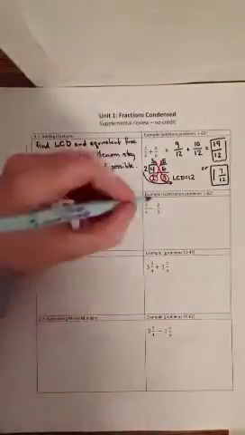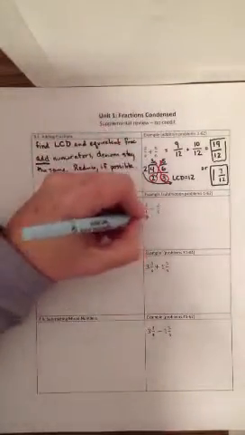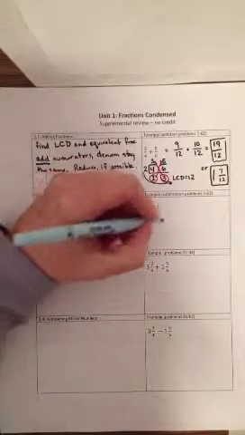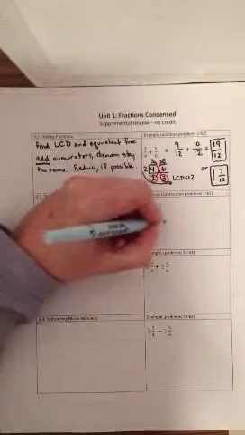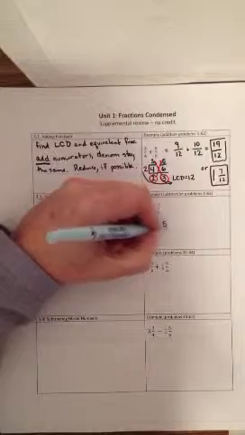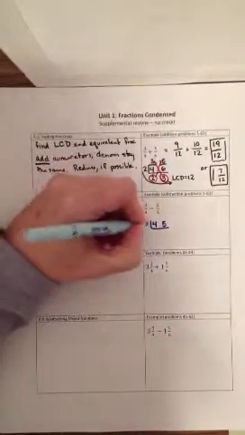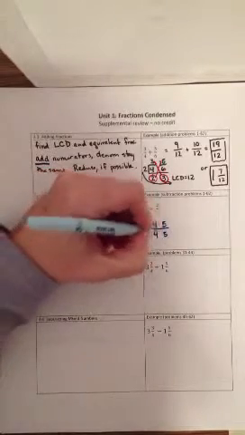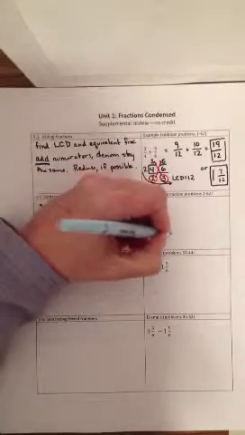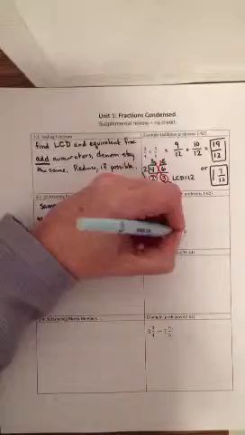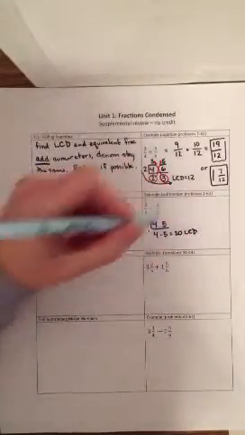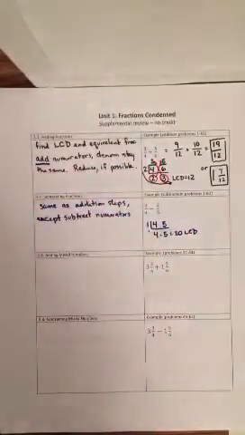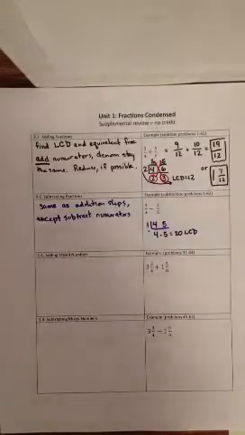So in this example, our denominators are 4 and 5, and when we look for a common factor between those, they don't have one, which is something we call relatively prime. So that means that our common denominator is just going to be the product we get when we multiply those two denominators together.